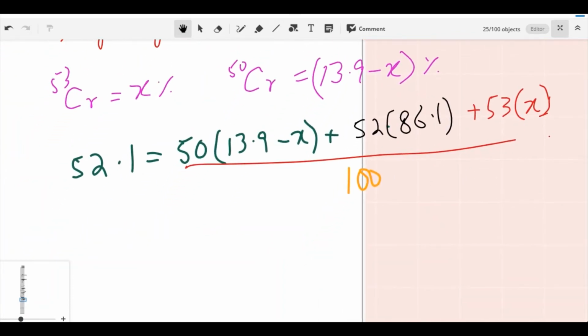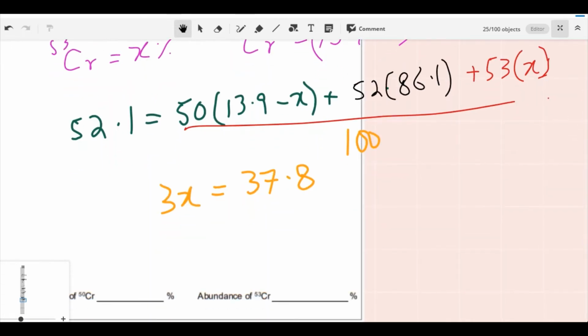When you calculate that, you multiply 50 times 13.9 minus 50 times x, plus 52 times 86.1 plus 53 times x, and the 100 will go to the other side in multiplication. Then the answer will be 50x minus 50x plus 53x, which means 3x is equal to 37.8.